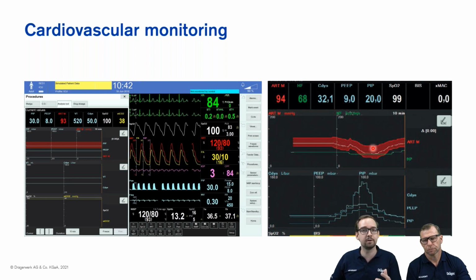So with this tool, we can do lung recruitment safely by having a look at how the cardiovascular system is responding, to be able to abort at any time.